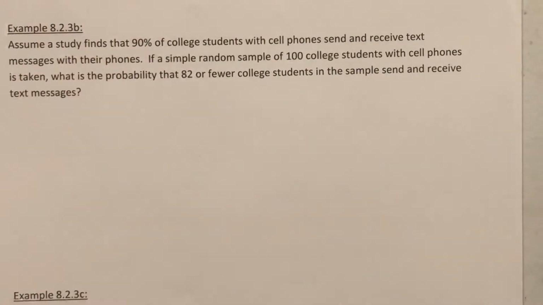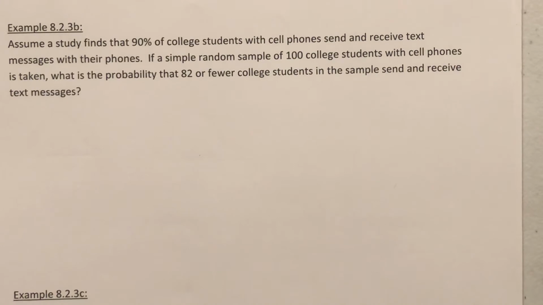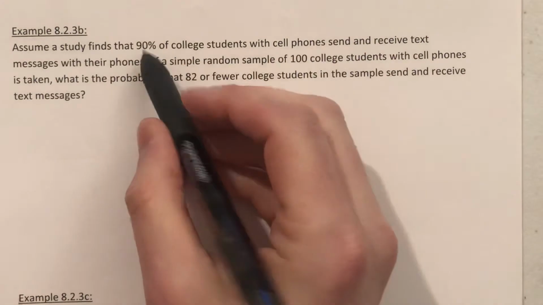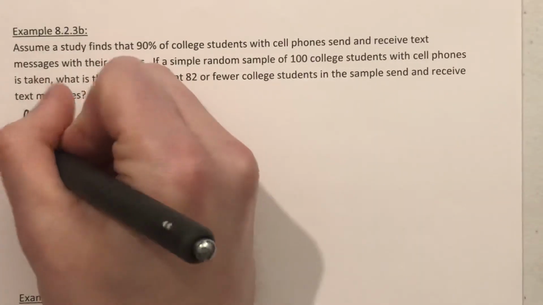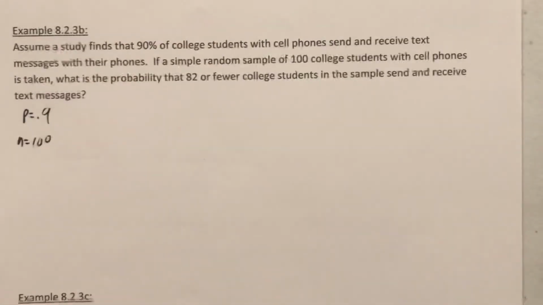So notice I've just changed the values basically from the 200 and 164 to 100 and 82. Really not even changing the proposed value of p hat specifically, just the way we're getting it. And what I mean by that is, same question, p is still 0.9, but now we're down to a sample size of 100.